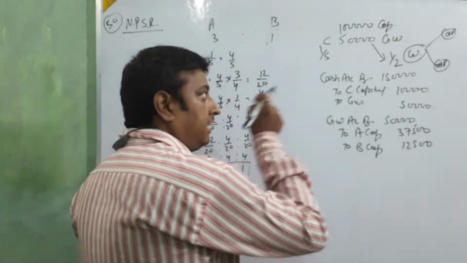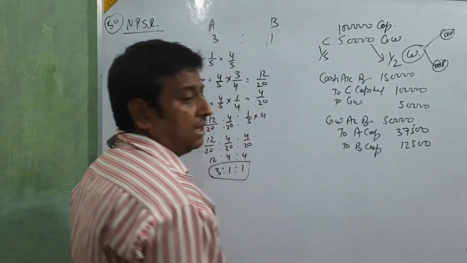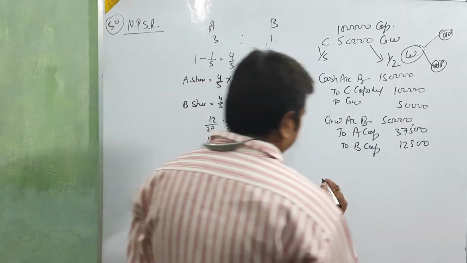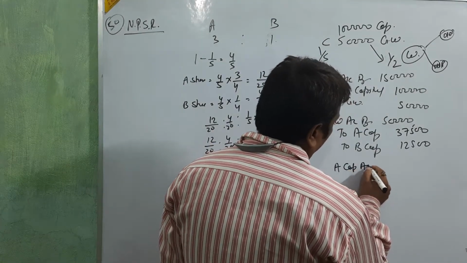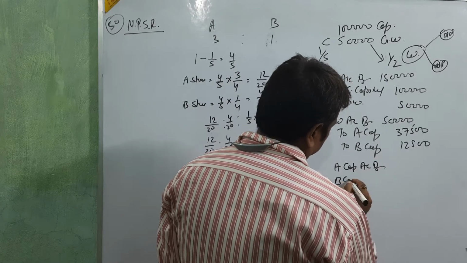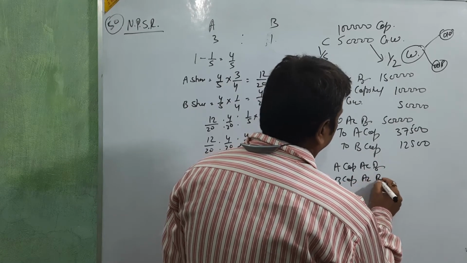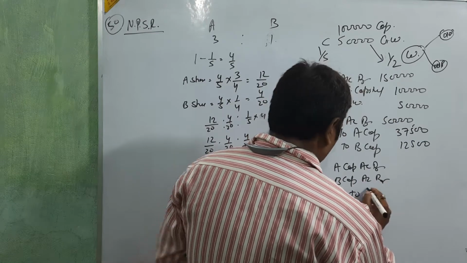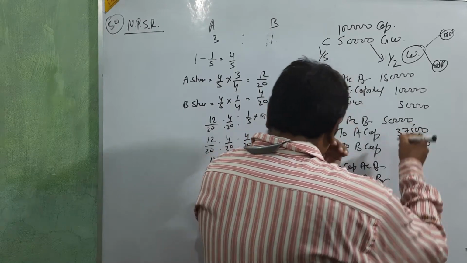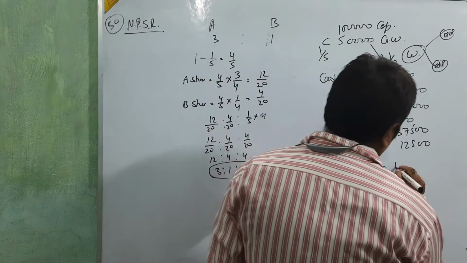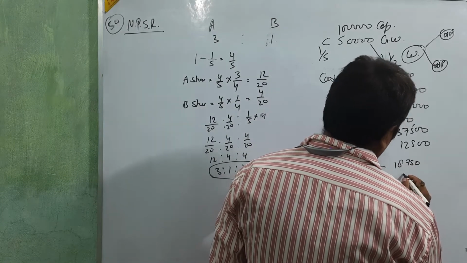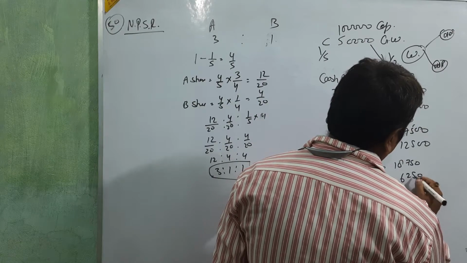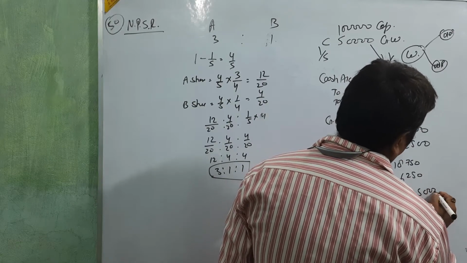And then he is saying half the goodwill is withdrawn. Then the entry is A capital account debit, B capital account debit to cash, half of the amount: 18,750 and 6,250, total 25,000.